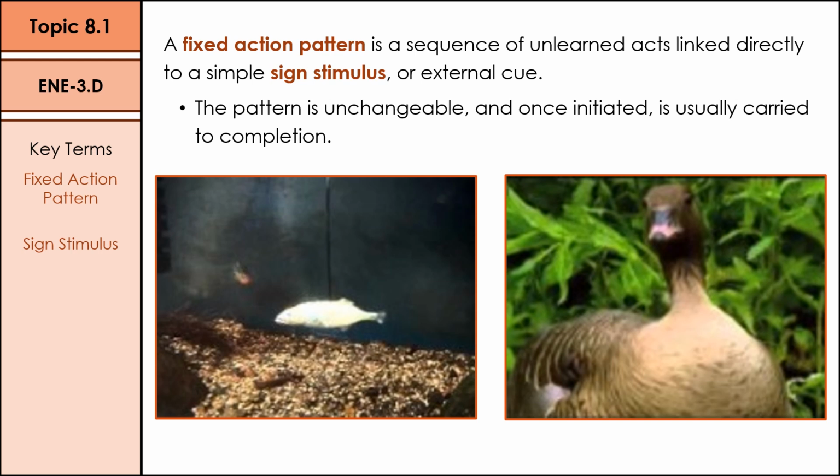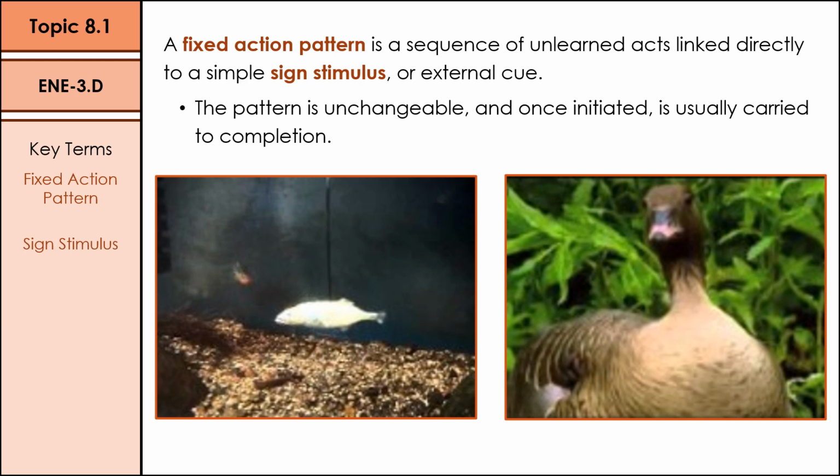So the organism just does them automatically, whether it is related to brain chemistry or a series of genetic components that tell them how to respond to this particular cue. The unique thing about fixed action patterns is that these are unchangeable: once they're initiated, they are carried through to completion. We have a couple of good examples of fixed action patterns that come up in the textbook, specifically chapter 39, if you are looking in the textbook.